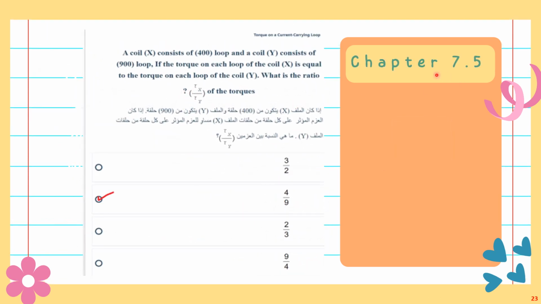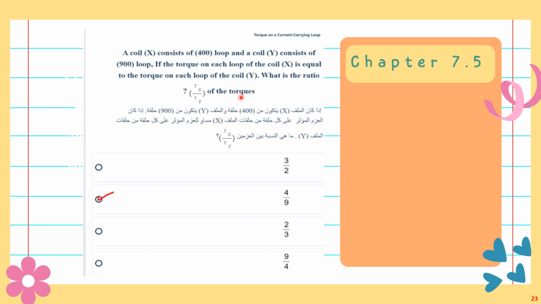Next question from chapter 7.5. A coil X consists of 400 loops and a coil Y consists of 900 loops. So we have two coils. If the torque on each loop of coil X is equal to the torque on each loop of coil Y, so they have the same torque, what's the ratio of the torque?